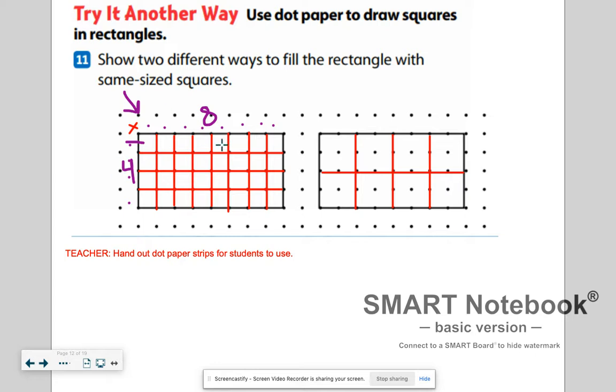So there's 32 squares in the first shape. Then in the second shape, you can just count 1, 2, 3, 4, 5, 6, 7, 8. Okay? You could partition them or split them up any way you wanted, as long as the squares on the inside were equal.